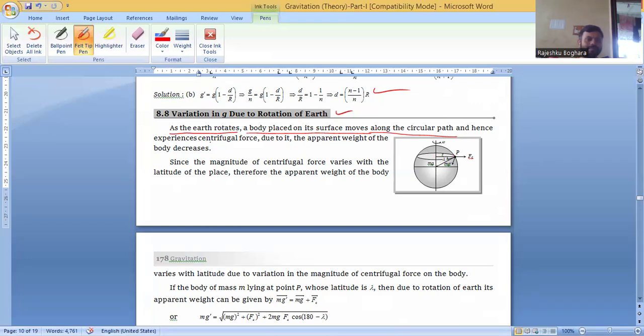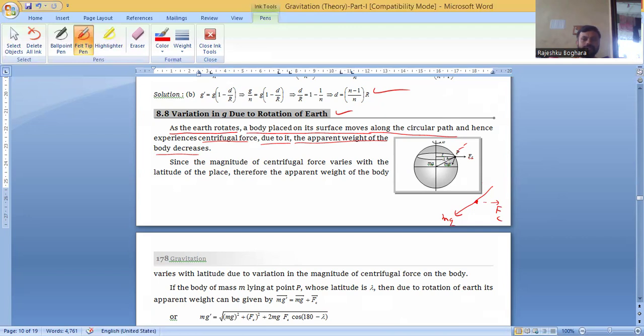Hence it experiences centrifugal force, and the apparent weight of the body decreases. So in this direction centrifugal force acts; here we take mg in this direction and Fc in this direction.